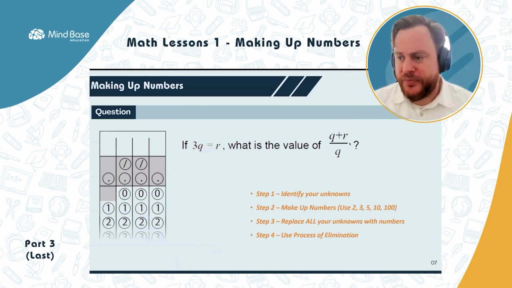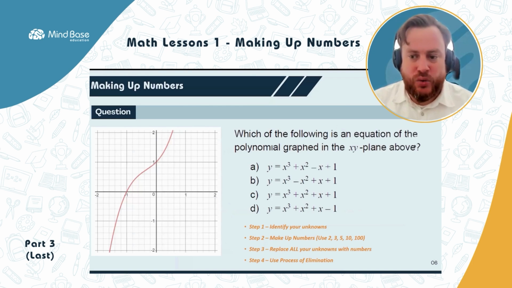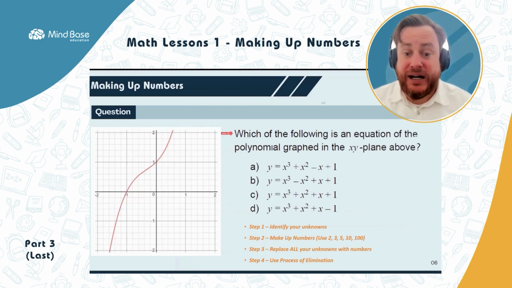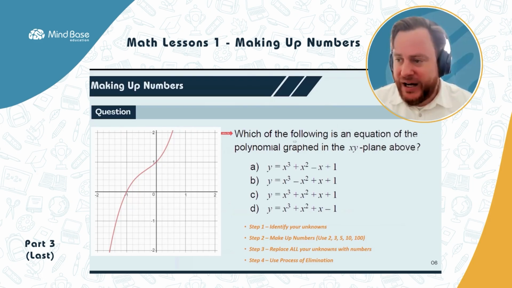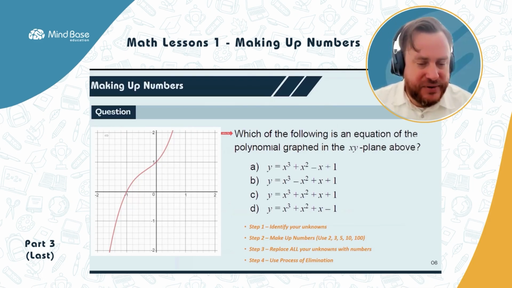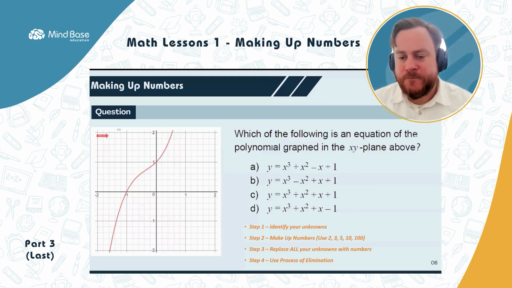Let's keep going. This question says, which of the following is an equation of the polynomial graphed in the xy plane above? So we have a polynomial here on the left. We have a graph, right? And in the answer choices, we have 4 possible equations.